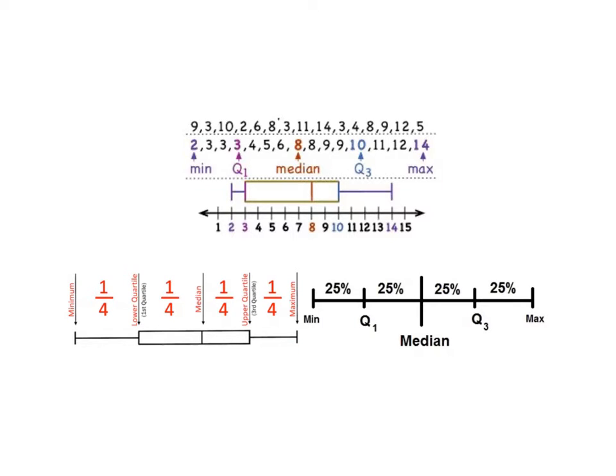And if we split something into 4 parts, that means that each section is going to be worth 25%. It doesn't matter if it's not equal. You can see that this section is a little bit longer than this section. It's not always going to be equal. If you notice in their box plot, this section is a lot smaller than this section, but they're both still worth 25%.